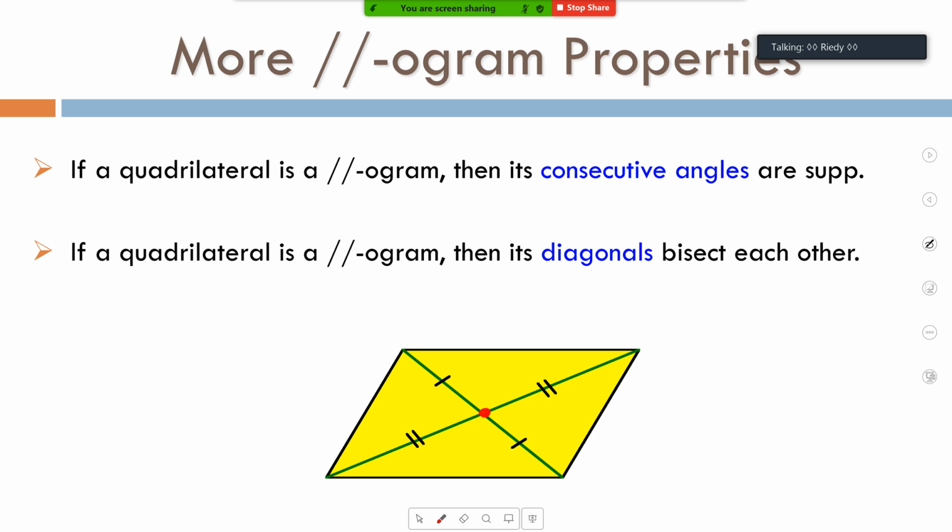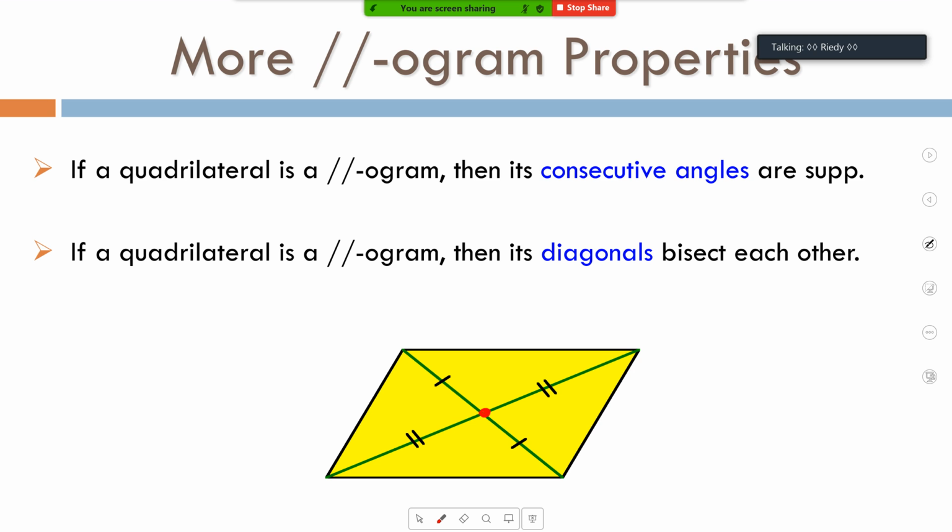Bonus question, Bobby. What's special about that red point I just drew in that picture? It is the center. What's the other name for the center of a segment? Circumcenter? No, now you're getting too fancy.